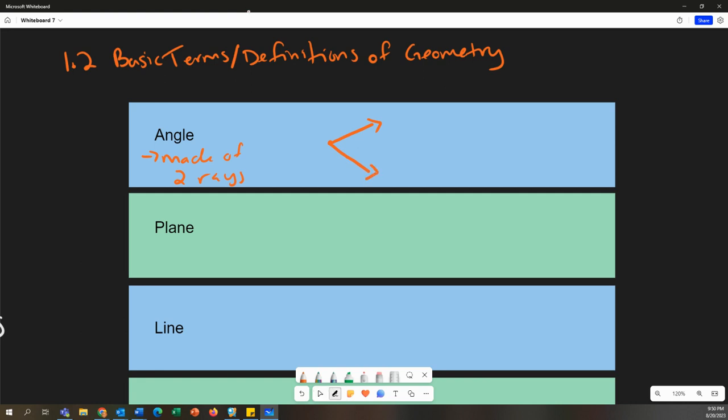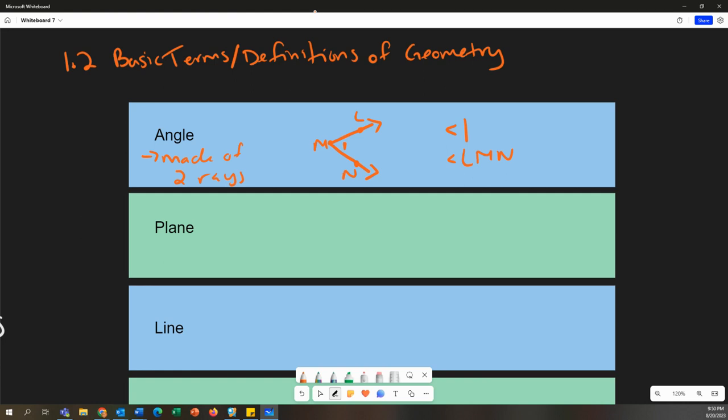This is an angle. An angle can be labeled with a little number in front of it, so we have angle 1, or it can be labeled with letters. So we have angle L, M, N. M is always, since it's at that point, the middle letter.